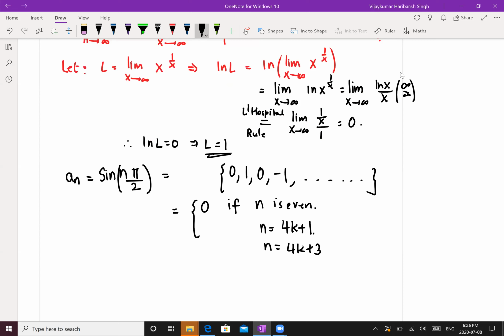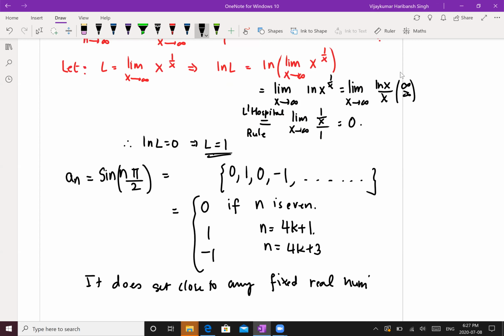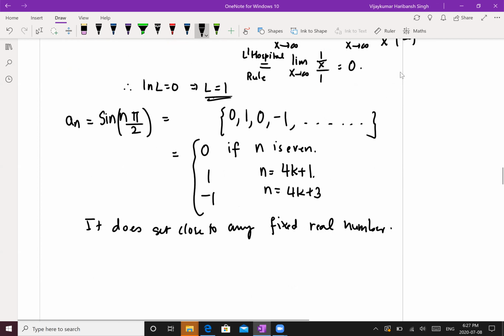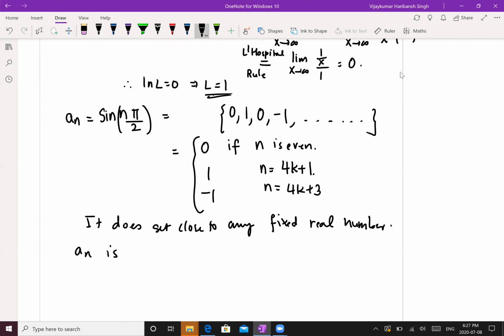When it's of the form 4k plus 1, the answer is 1. When it's of the form 4k plus 3, it's minus 1. So it doesn't get close to any fixed real number. It's oscillating all over. Therefore, we say a_n is divergent.